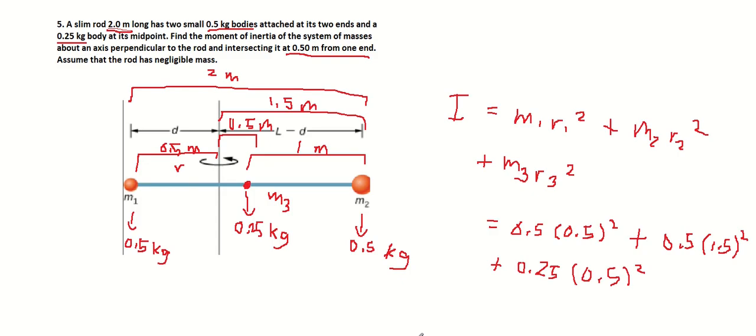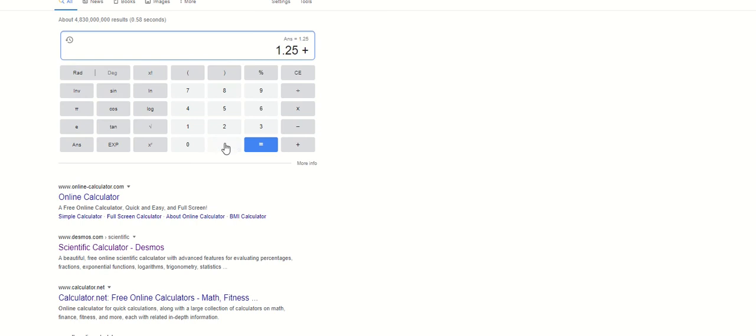Oops, mali. 0.25 times 0.5 raised sa 2. Plus 0.25 times 0.5 raised sa 2. Ayan. So, ngayon, nakuha na natin. Kung 2 decimal places lang, ang nakuha nating moment of inertia para doon ay 1.31 kg meters raised to 2.